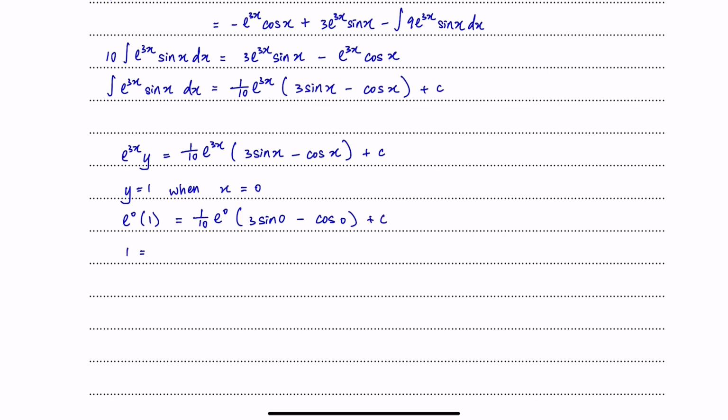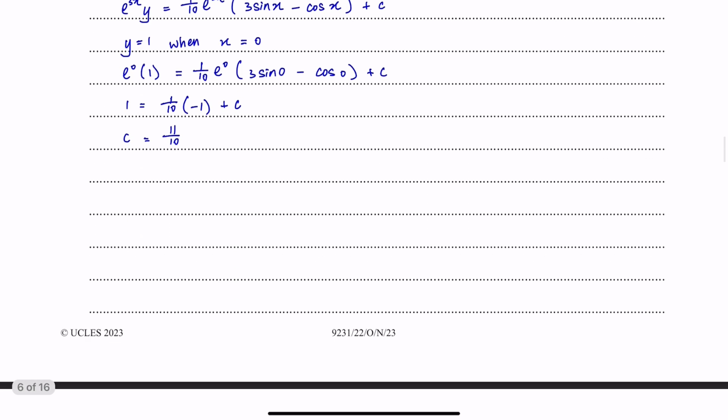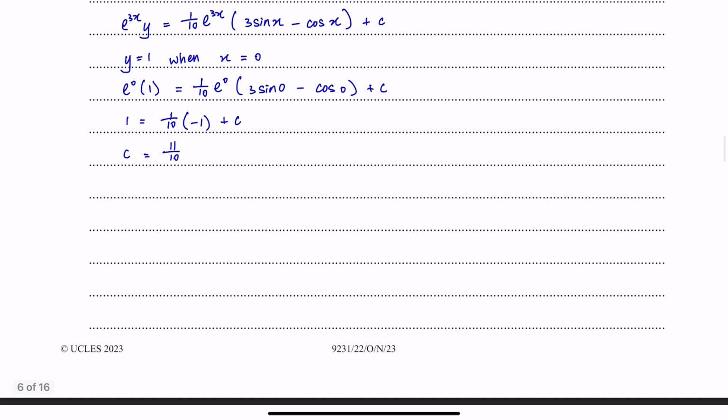So 1 equals 1/10 times minus 1, plus c. And c would be 11 over 10. So we rewrite the equation using the value of c.